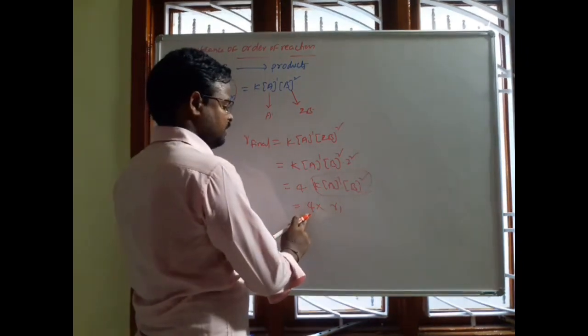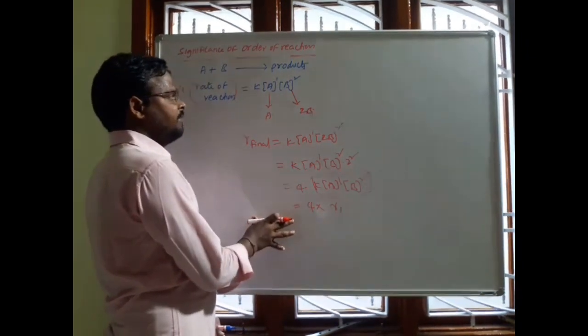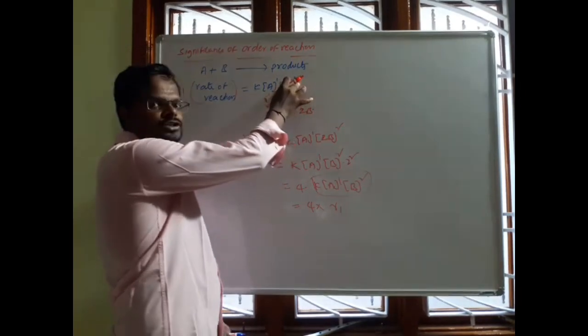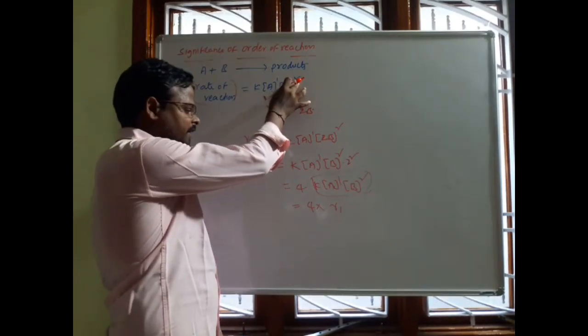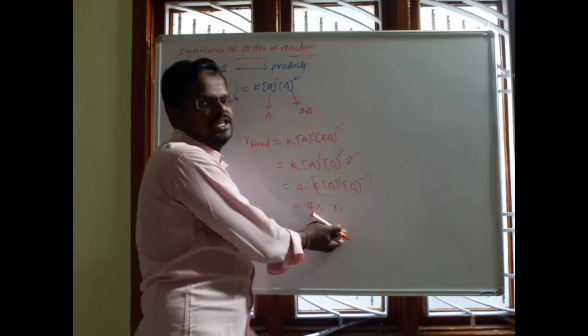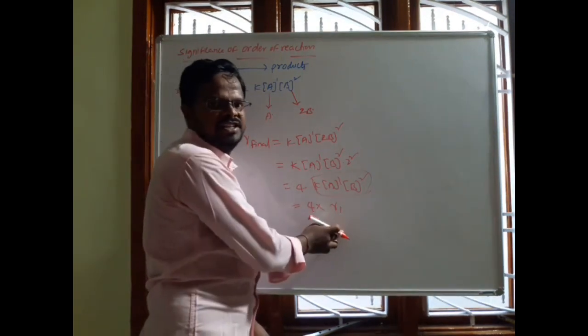If you double the concentration of reactant B, the final rate becomes 4 times the initial rate.